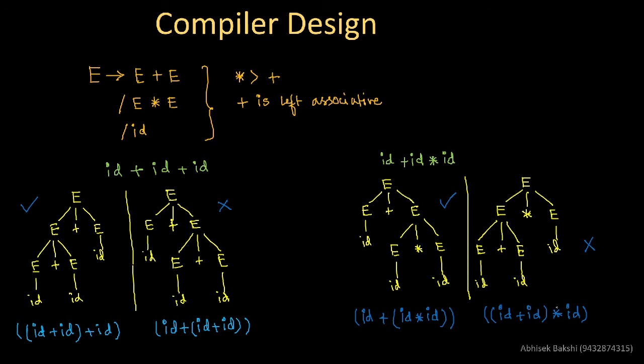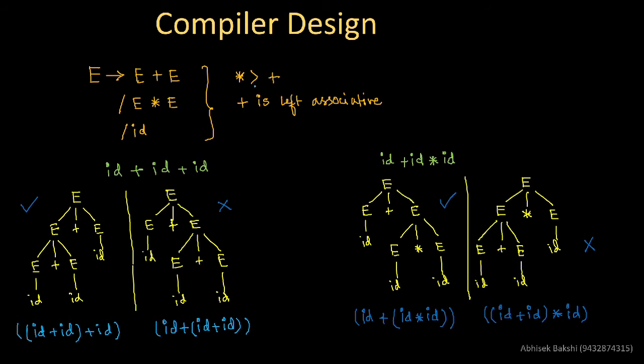That means if you want to convert your ambiguous grammar into some unambiguous form, then if we are somehow able to handle this associativity and precedence properly, then my ambiguity will vanish.